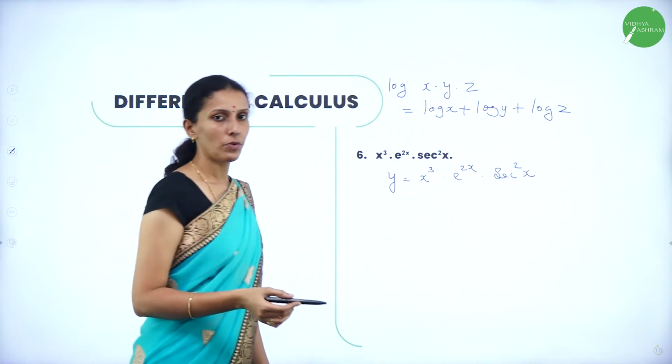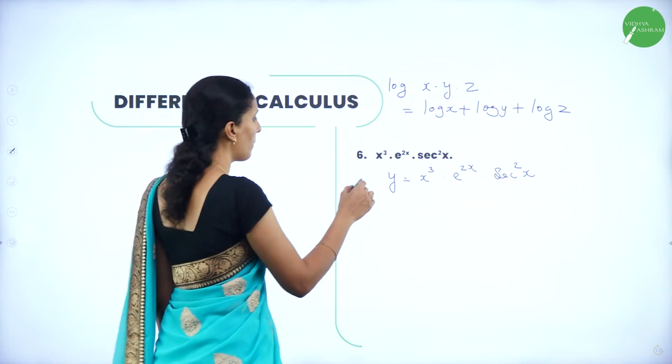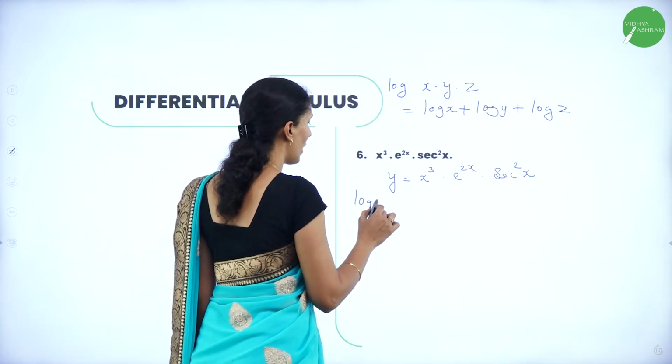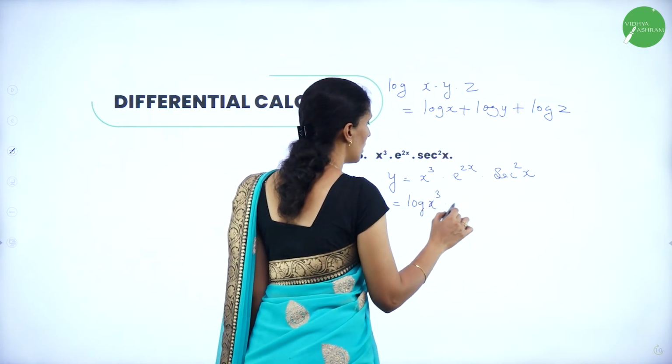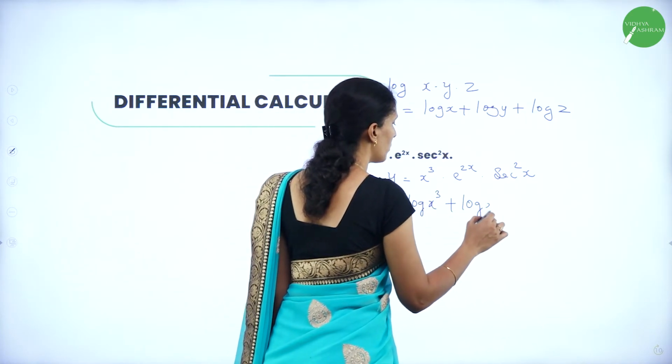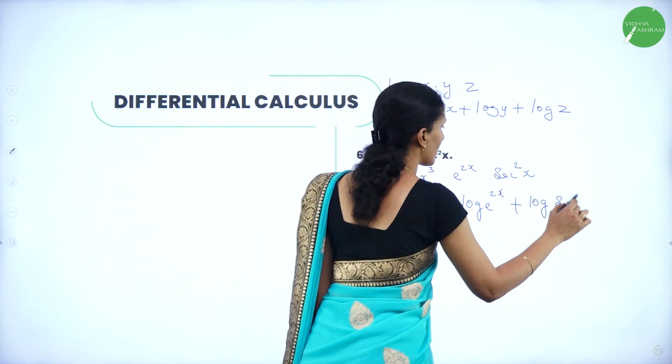So any products with respect to log can be written in the form of addition. Now apply log on both sides. This is log y. Here it is log x cube plus log e power 2x plus log secant square x.